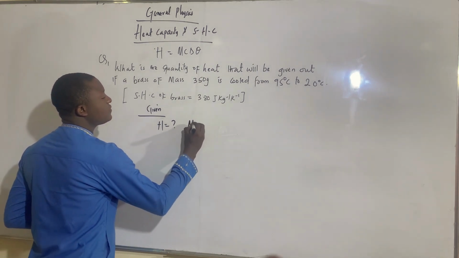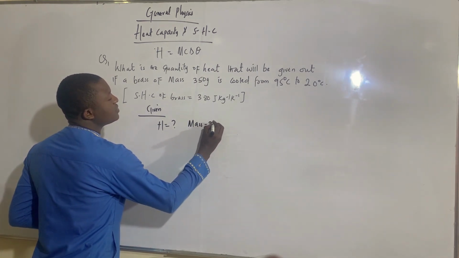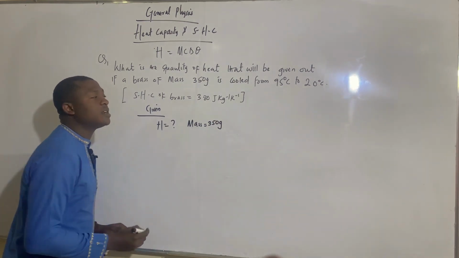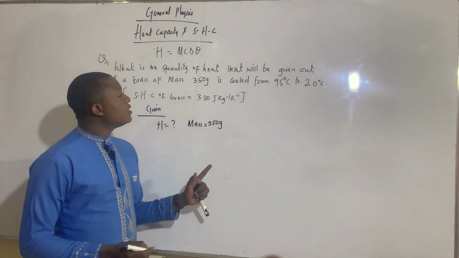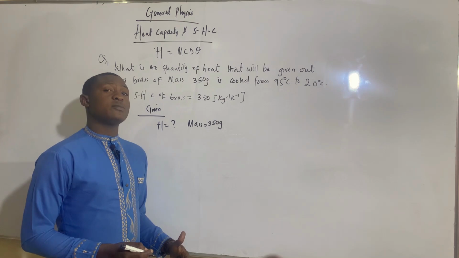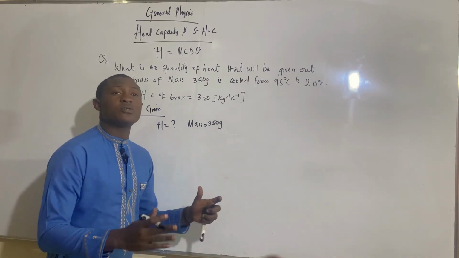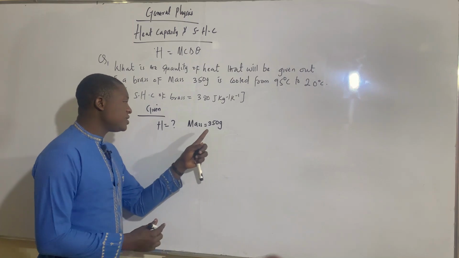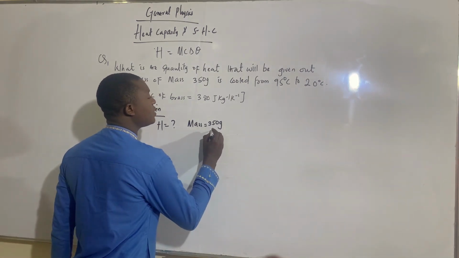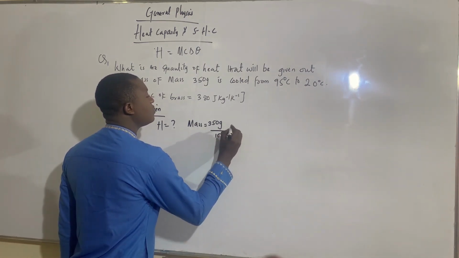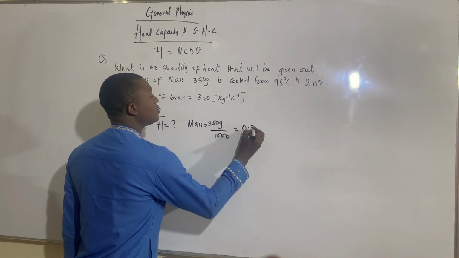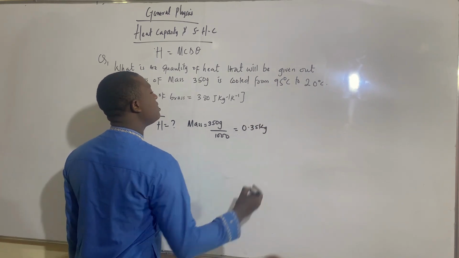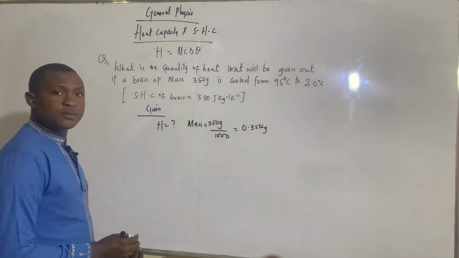So the mass we are given here is 350 gram, but you can see the value is in gram, and we need to convert it to kilogram. I've mentioned how to do conversion of quantities. So this is gram; I can convert it to kilogram by dividing the value by 1000. If you divide this, we are going to have 0.35 kilogram.